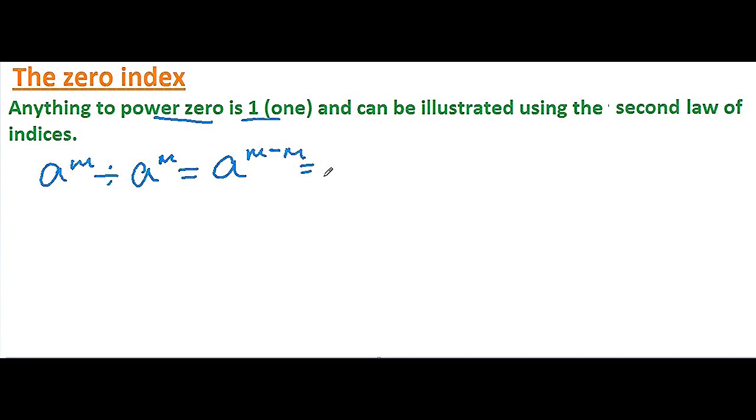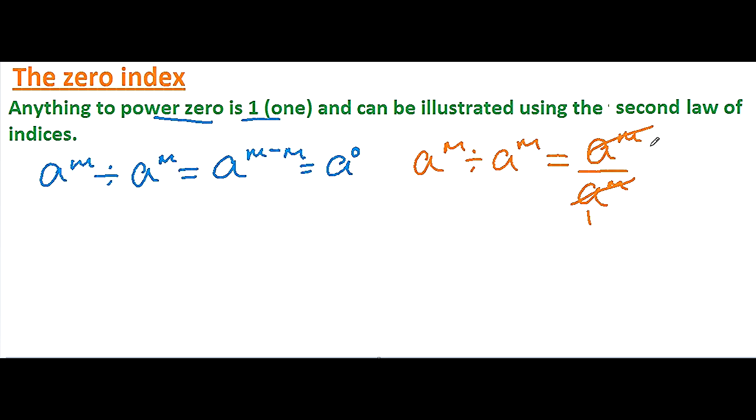And since m is common, this is the same as a to power 0, since m minus m is equal to 0. On the other hand, we can express this in another way: a to power m divided by a to power m, we get 1.